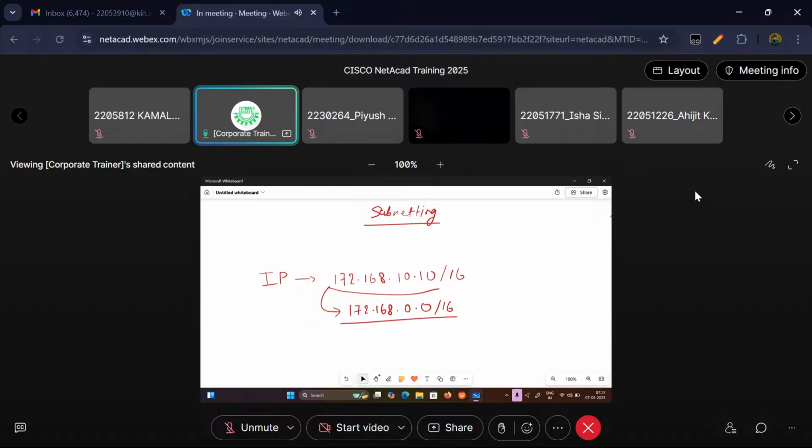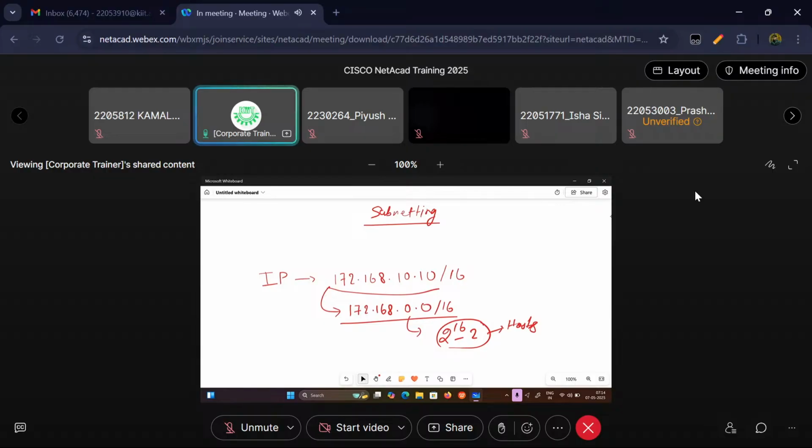As we know, from this network, how many hosts and how many networks can we configure? Sir, 2 to the power 14 networks and 2 to the power 16 minus 2 hosts. So 2 raised to the power 16 minus 2 will be your number of hosts.